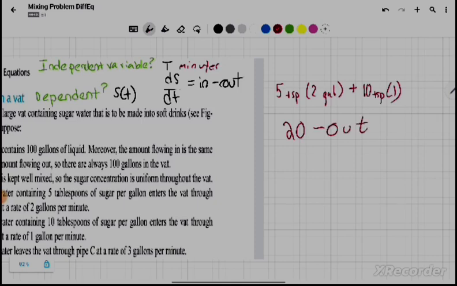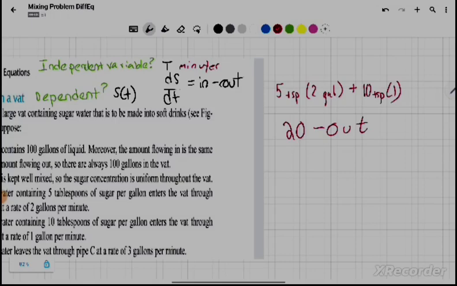Now, thinking about what comes out, that isn't explicitly stated as it is for pipe A and pipe B. We just know that at pipe C, the liquid's leaving at a rate of 3 gallons per minute. But we also know that this solution is being mixed as it's coming in, so we can think of a way to express the amount that's coming out.